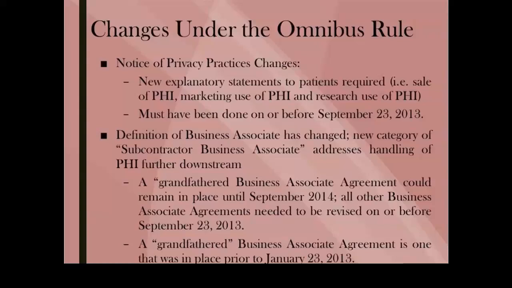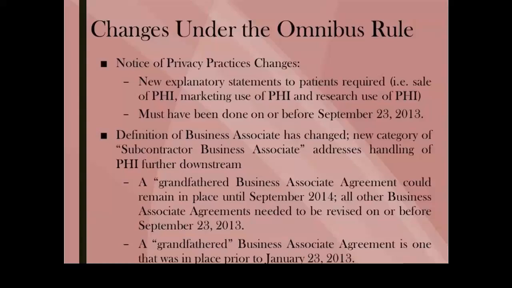Now the definition of business associate has changed in 2013, and there is a new category of subcontractor business associate. That essentially handles what to do if your contractor utilizes a subcontractor to carry out services for you. Just some of the technicalities here.